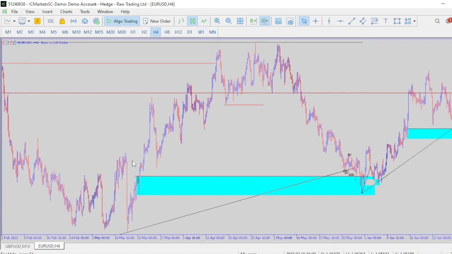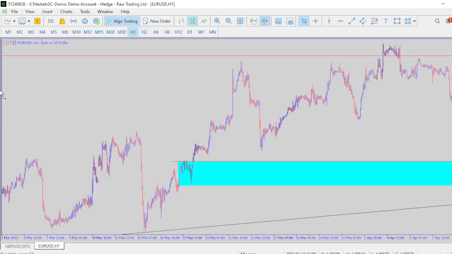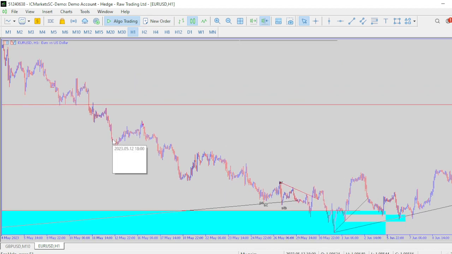You can look for trades within this structure, but this one, you see, this is a 1-hour internal structure, counter trend internal structure. We don't take any trade. We don't take any trade around this area.